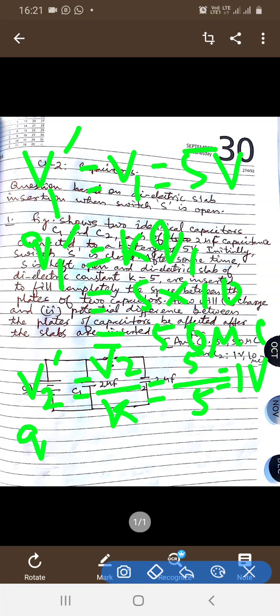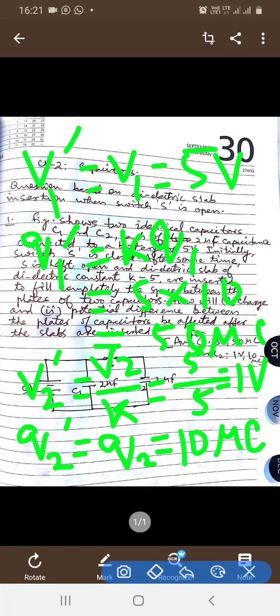And Q2 dash, because once the capacitor is charged and after disconnection the same charge will be there. So Q2 dash will be equal to Q2, and Q2 is equal to 10 microcoulomb. Yes. So this is the answer.